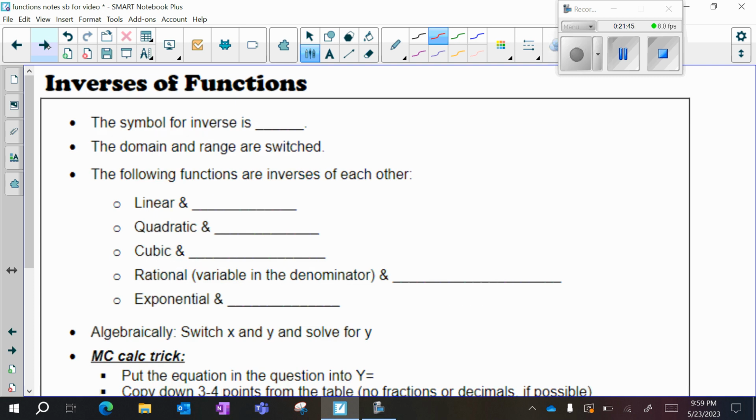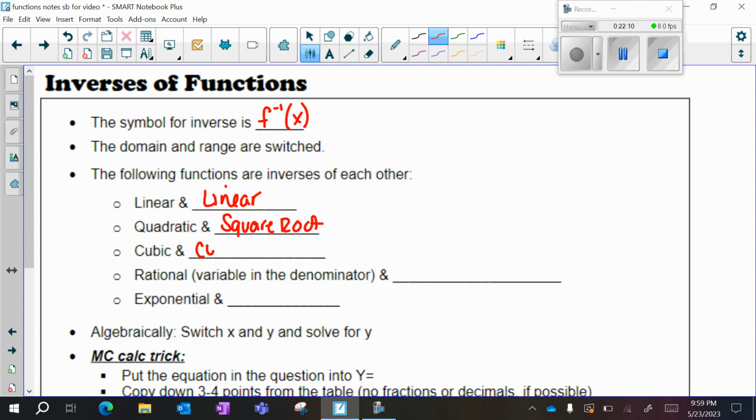Inverses. The symbol for inverse is f to the -1 of x, f inverse of x. Your domain and your range are switched. The following functions are inverses of each other. We talked about this a little bit as we did the families of functions. Linear and linear. Quadratic and square root.